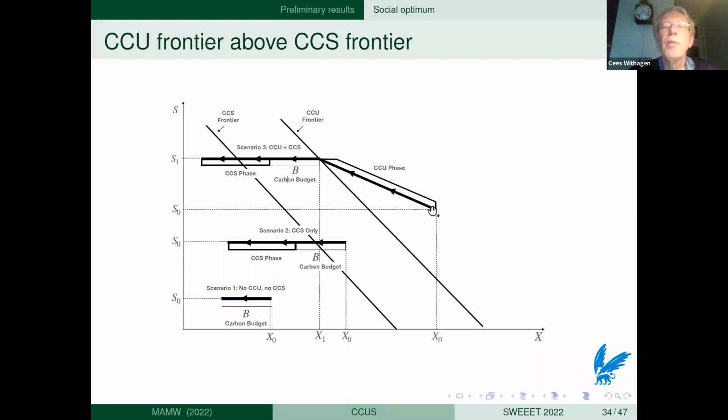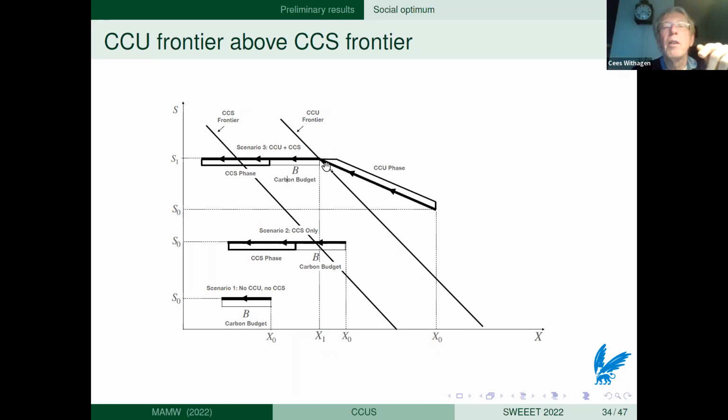So we move in this direction until we arrive at the CCU frontier. Then it's over with CCU, and we should be at the start of going up.